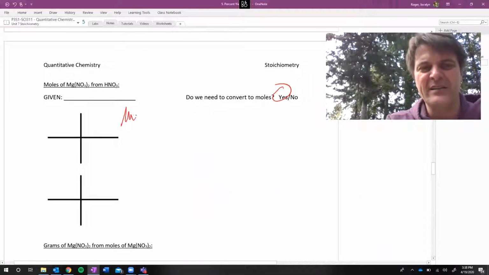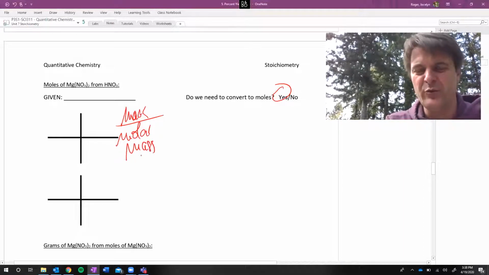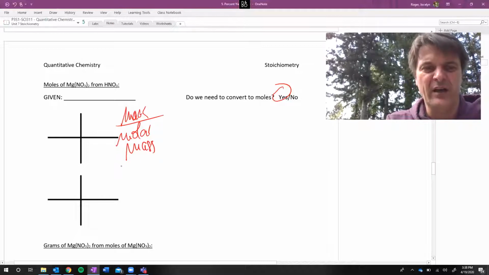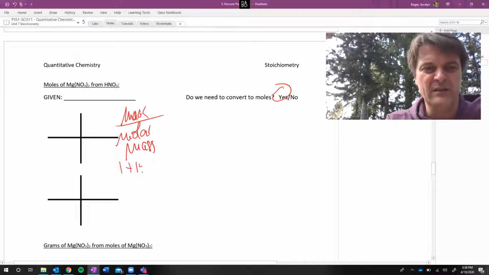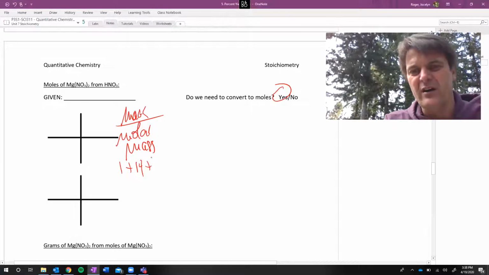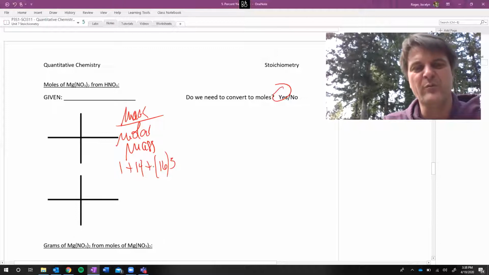Again, we will do the mass divided by the molar mass. So H is 1 plus nitrogen, which is 14, plus oxygen, which is 16 times 3, and that's going to be the molar mass.